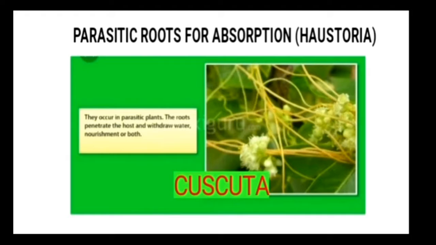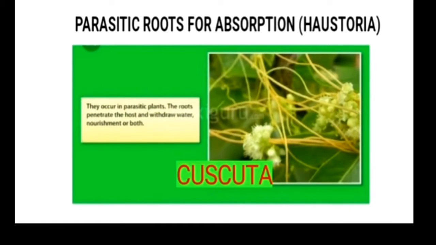They are mainly seen in parasitic plants like cuscuta. We can see these parasitic roots of cuscuta here. This type of root is called Haustoria. Parasitic roots or Haustoria help the plant to absorb food material from the host plant.